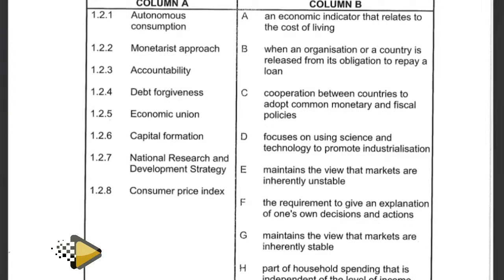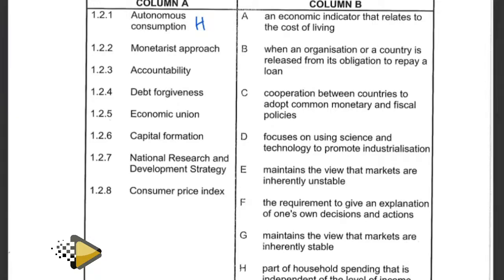So now grade 12s, whenever we talk of autonomous consumption, we refer to that part of consumption where the household are just spending without having a proper income. So now if we check the options given in this regard, our appropriate option is going to be H, that says part of the household spending that is independent of the level of income. So it means that our 1.2.1 is H. Okay, grade 12, so let's move on to 1.2.2.